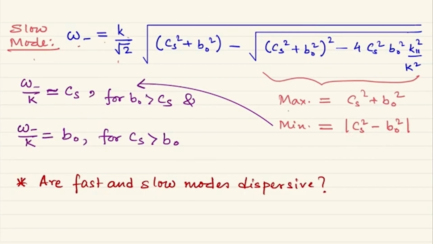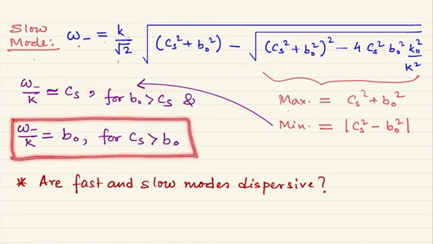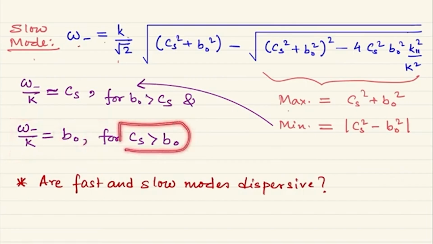So this phase speed is equal to Cs when your system's beta is less than 1, and it is reduced to the Alfven mode when your system has a high beta.